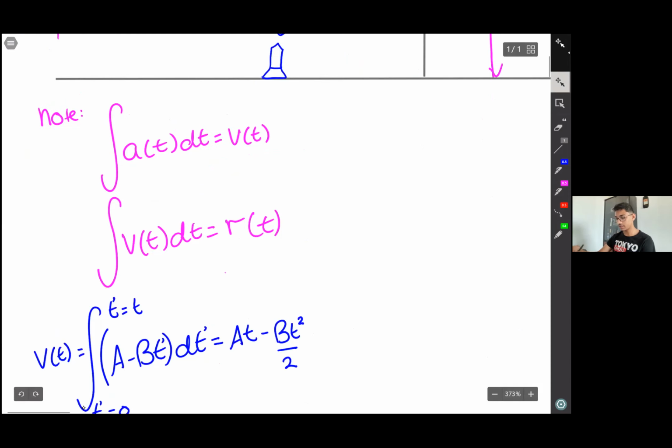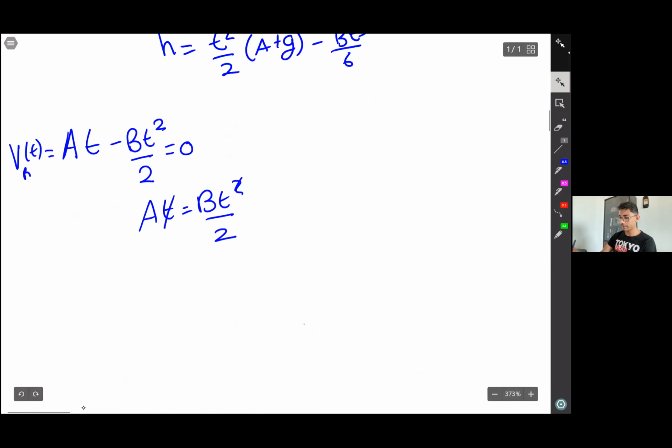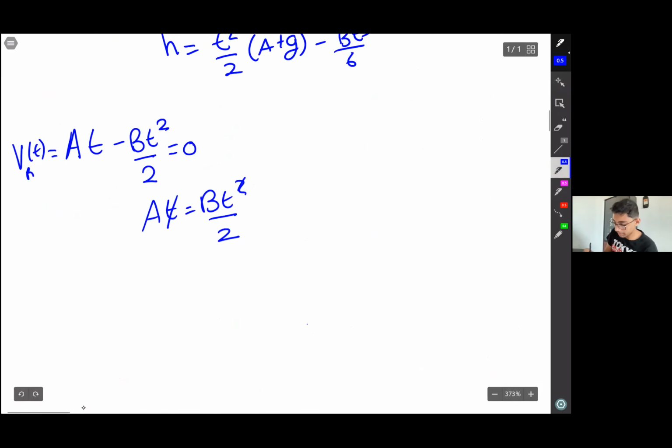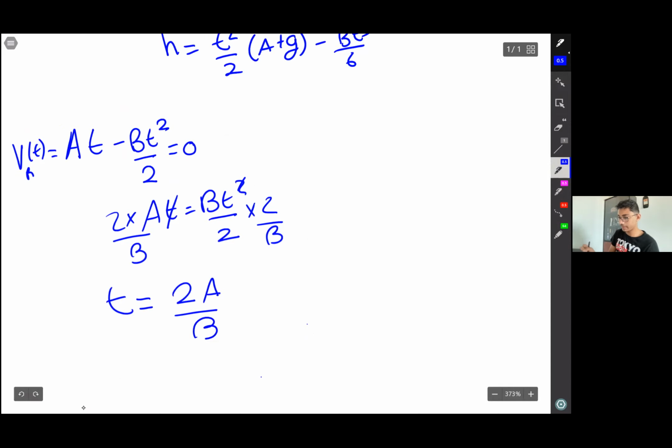Then we can times 2 on both sides and divide by b on both sides. We get that t is equal to 2a over b.